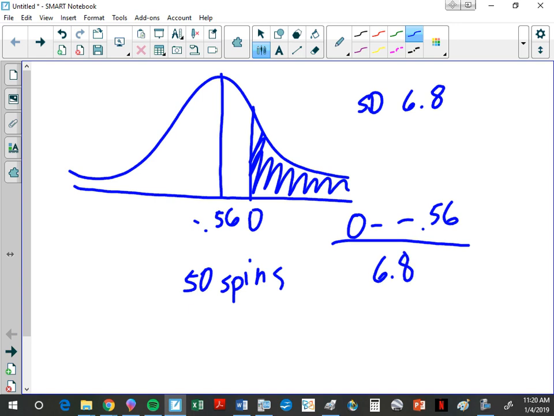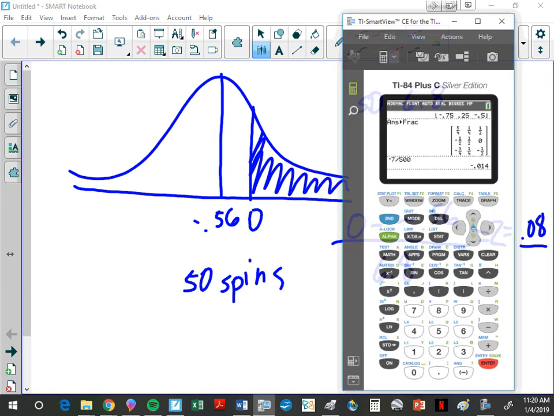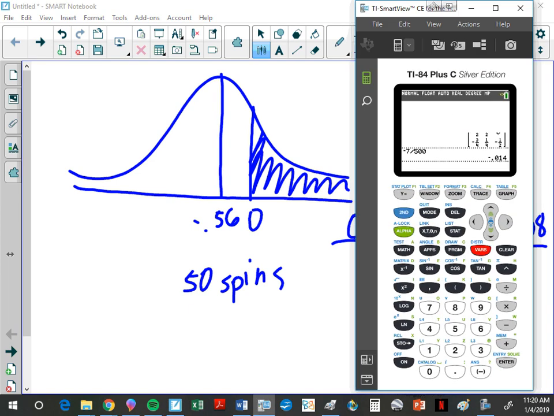So 0.56 divided by 6.8 gives us a z-score of 0.08. Okay? How do I find the percentage now? Shade norm from 0.08 to 5, or any number bigger than 5. So we'll shade norm from 0.08 to 5.